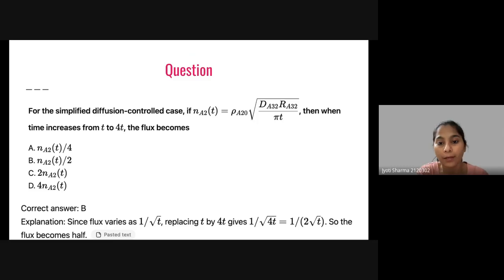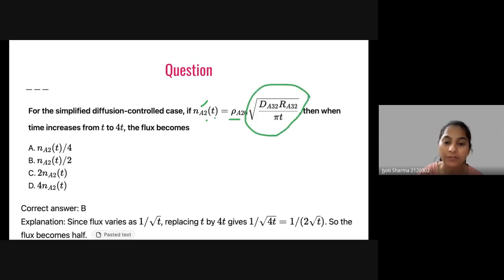Okay. Now, in the simplified diffusion controlled case, here we have flux of A in the pore water as a function of time t, and here we have rho A2 node, and this is your diffusion type flux.